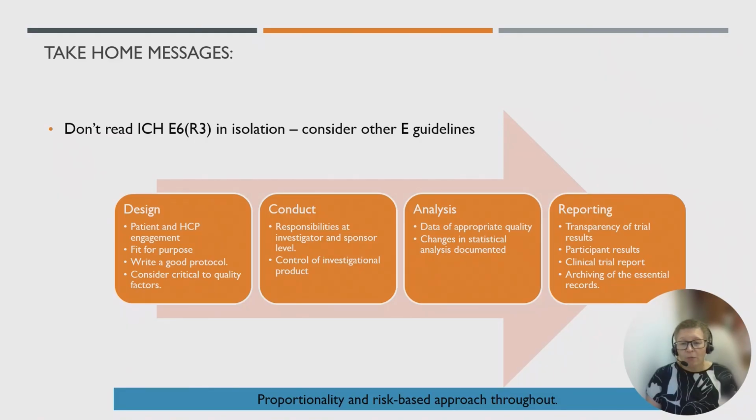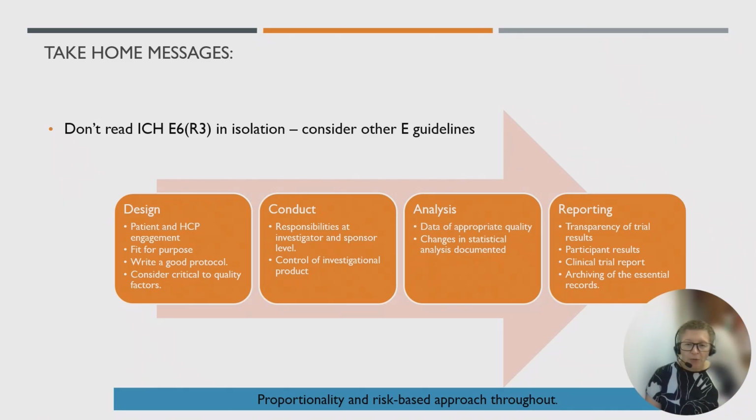And if you look at the informed consent section in section 2.8.10, elements of the informed consent, you'll see that we talk about the results being made available to the participant. And of course the clinical trial report needs to be available to the investigator, or at least some summary. And at the end of the trial, what happens to those essential records? That's the time that you need to think about archiving.